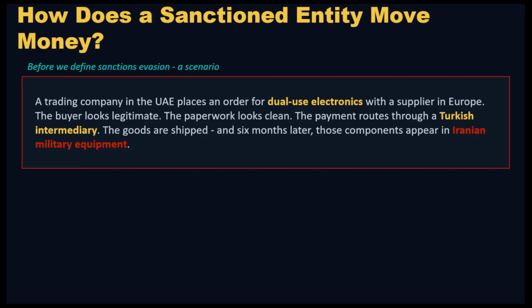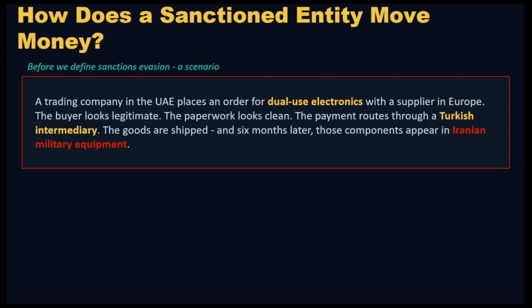Dual-use products means components that have legitimate civilian applications but also some connection with military applications. The buyer looks legitimate, the paperwork is clean, the payment routes through a Turkish intermediary, the goods are shipped, and 6 months later those components appear, let's say, in Iranian military equipment.